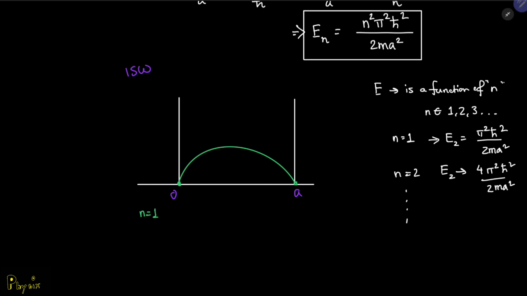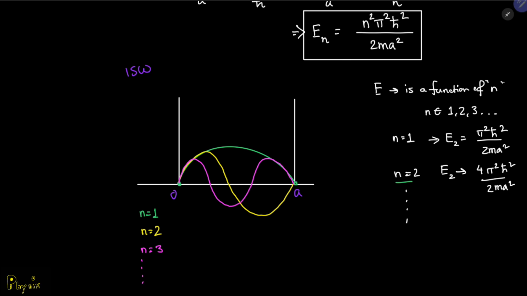All right? But then again, when you do a value of n is equal to 2, your wave function kind of looks like this. N is equal to 2. And then for n is equal to 3, we will get something that goes like this.